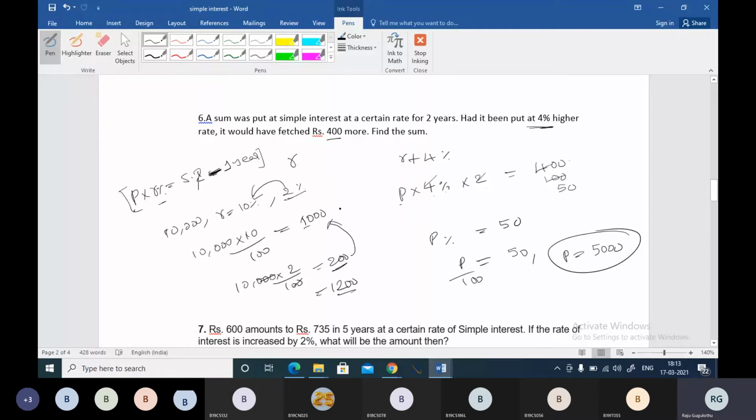So the same concept I am applying here. This 4% change is causing me this 400 rupees change. I hope you got this trick.